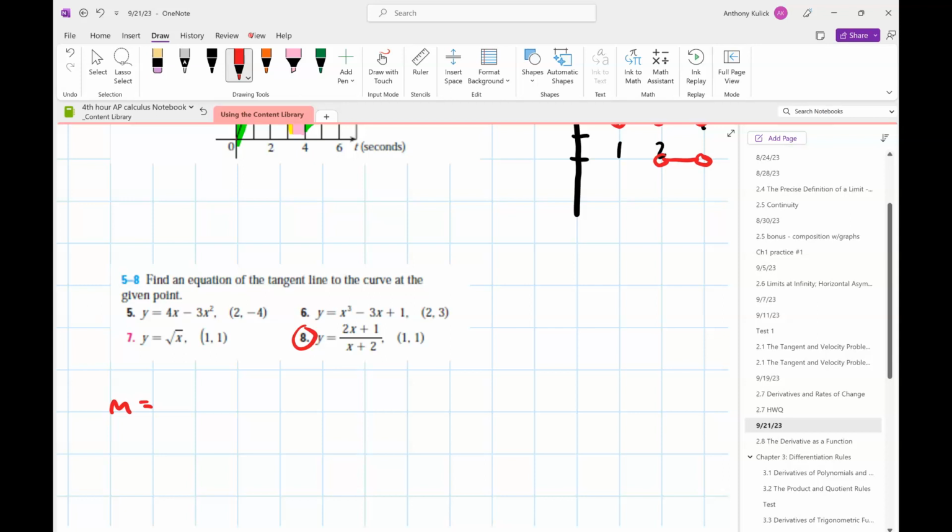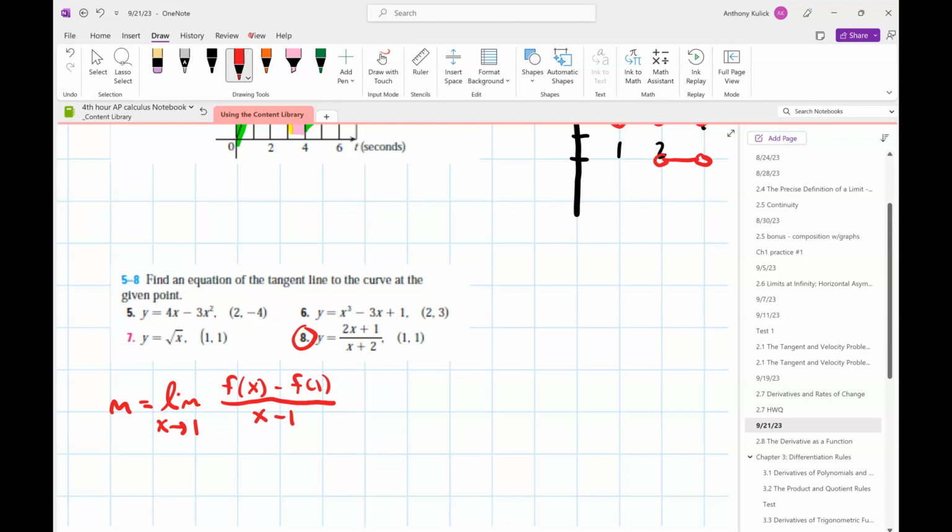To do that, let me check that formula before I write it down wrong. Yeah, okay. So I'm going to do that version.